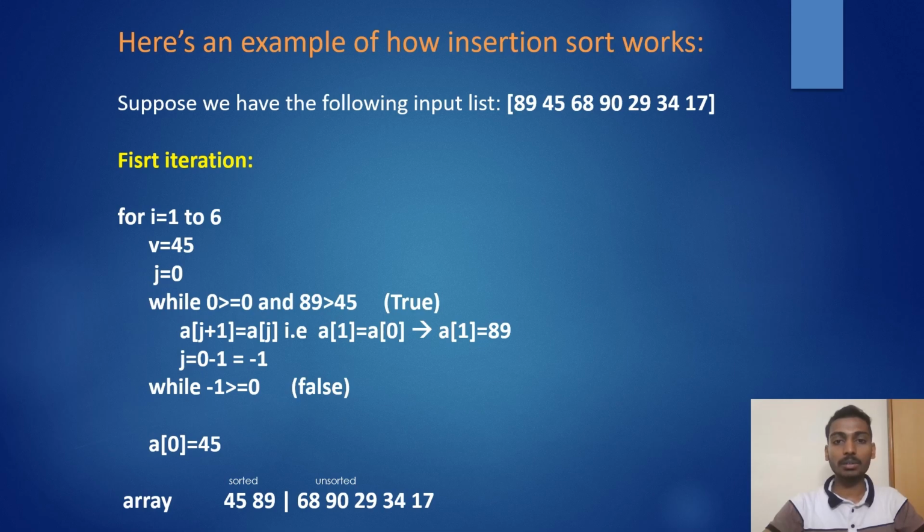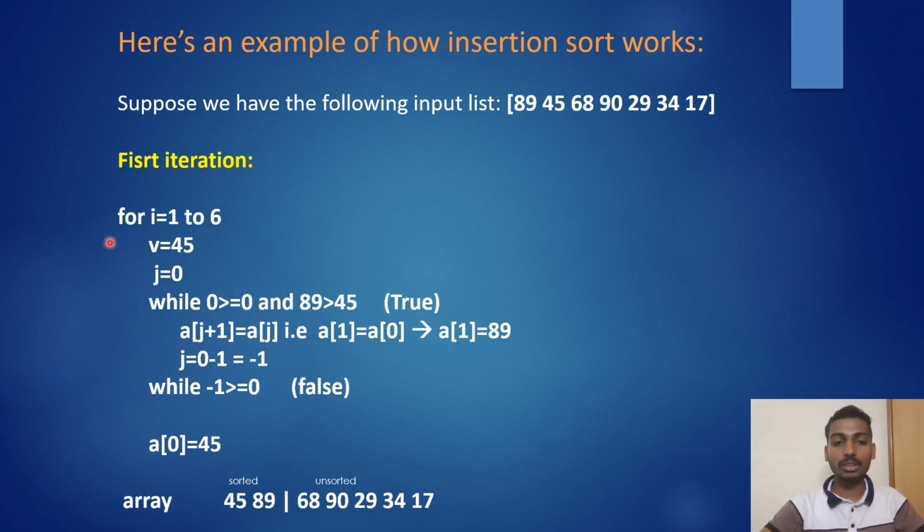Here is an example of how insertion sort works. Suppose you have the array list 89, 45, 68, 90, 28, 34 and 17. This is an unsorted array.